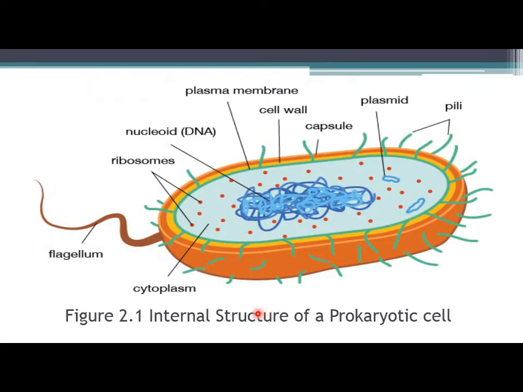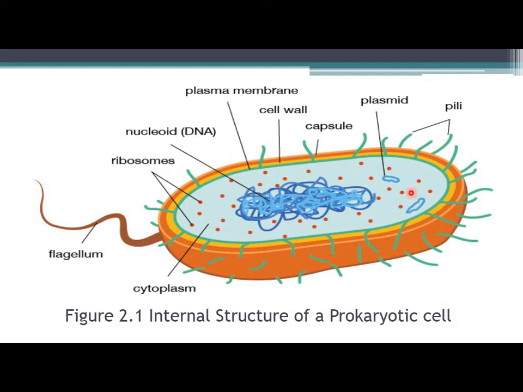Anyway, let's discuss the internal structure of the prokaryotic cell. As I said, this is the prokaryotic cell, which is common in bacteria. Prokaryotic cells differ from eukaryotic cells because their DNA is found in a region called the nucleoid. This is its DNA, and this is called the nucleoid rather than a nucleus. If you notice, it has no nucleus.